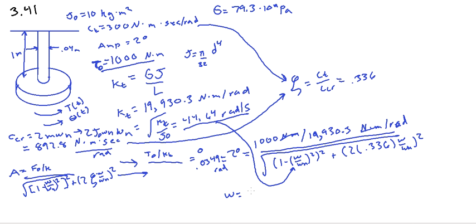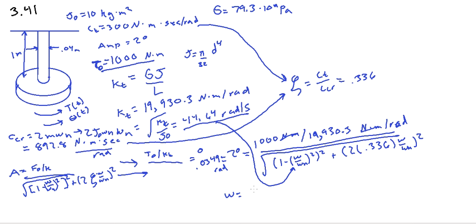Oh, that's what it is. I actually had to use the quadratic formula: negative b plus or minus the square root of b squared minus 4ac, all over 2a.